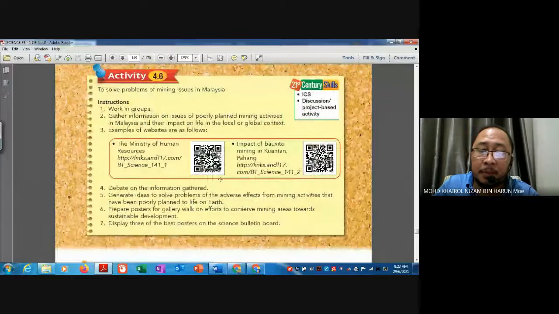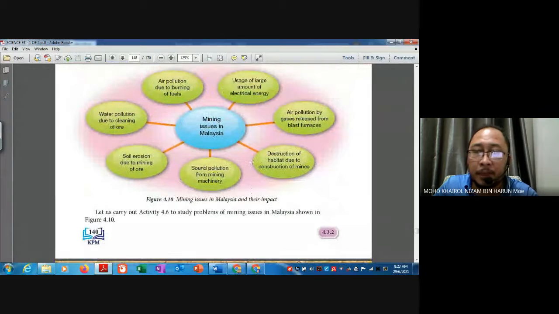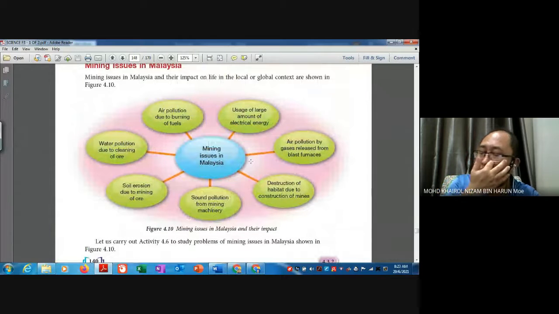We cannot simply extract the metal from its ore using all the methods given, because in reality there is a problem. There are rules and regulations that have to be faced by the industry in order for them to extract the metal from this ore.